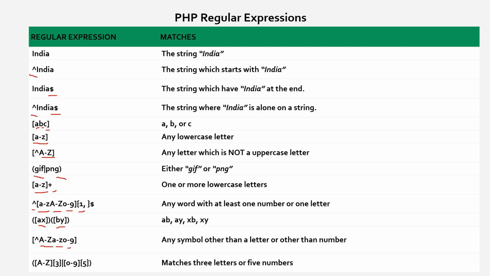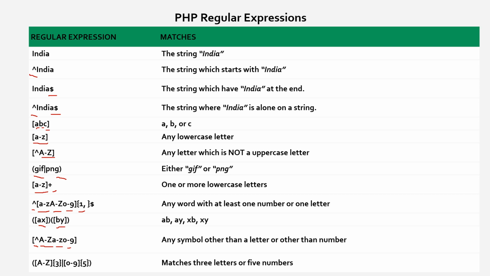But here it is specified with not, that means these should not be there. That is, numbers and characters are not allowed. Apart from this list, whatever other characters there are, those are allowed. That is what it means.